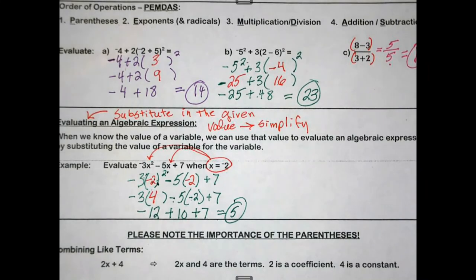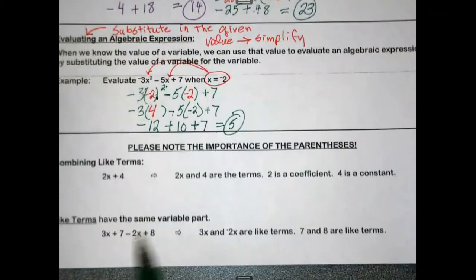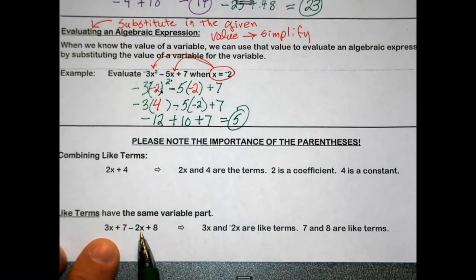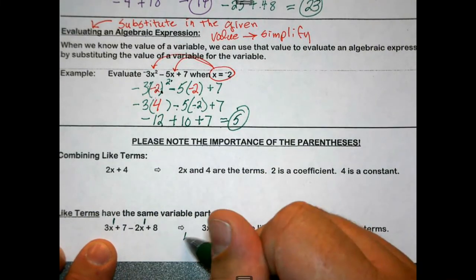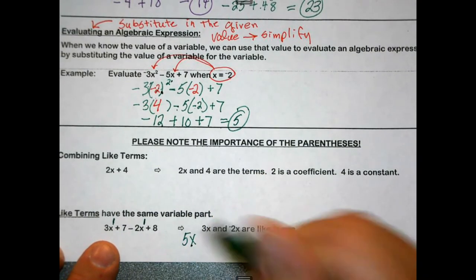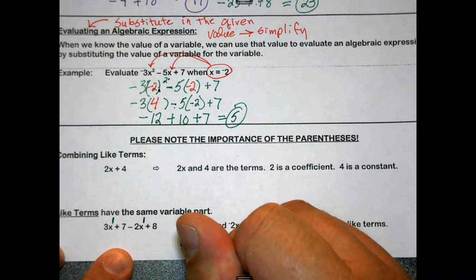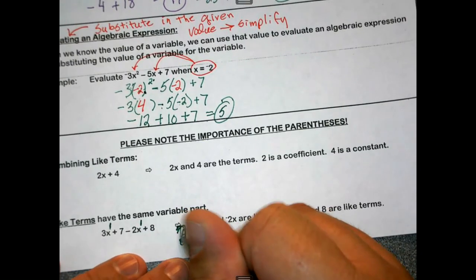We talked about like terms. Be careful. These are both to the first power, so you can combine those. 3 minus 2 is going to be 1x.